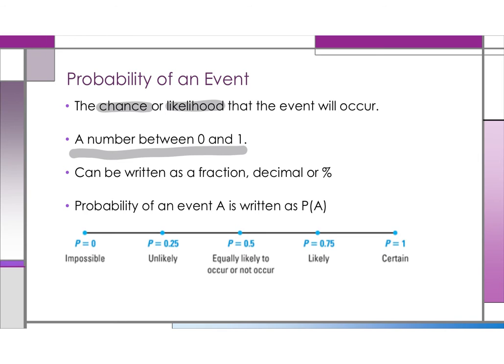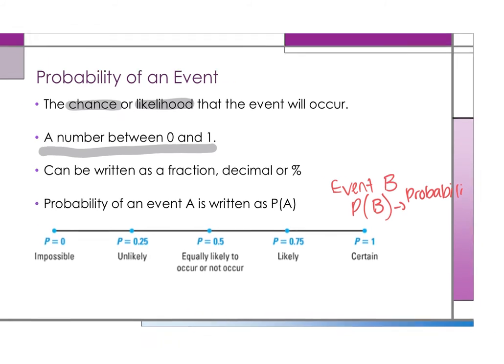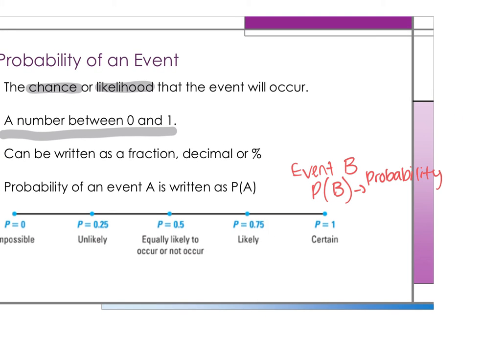I would like you to write another one, just so you have reference. Let's say the event was B. The probability of B happening would be P, and then in parentheses we put B. This indicates probability of event B.